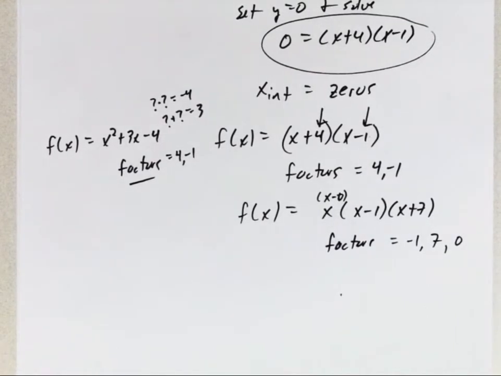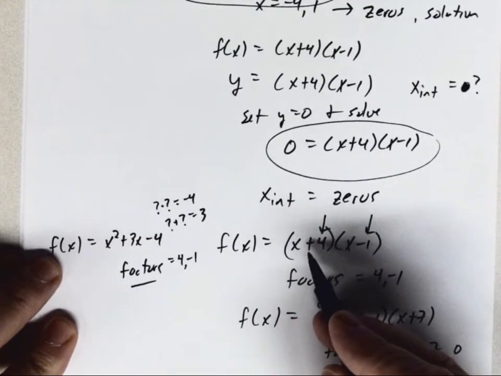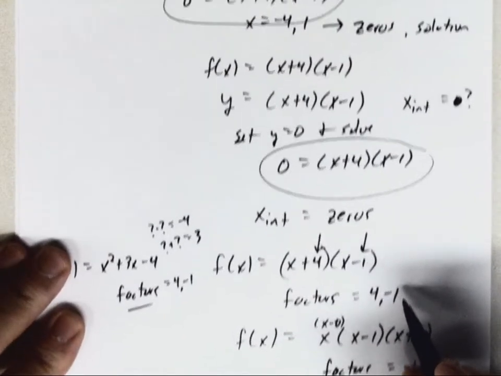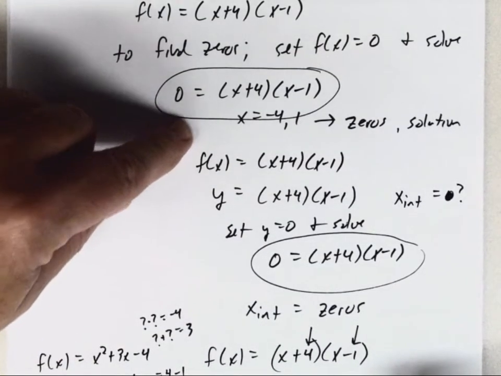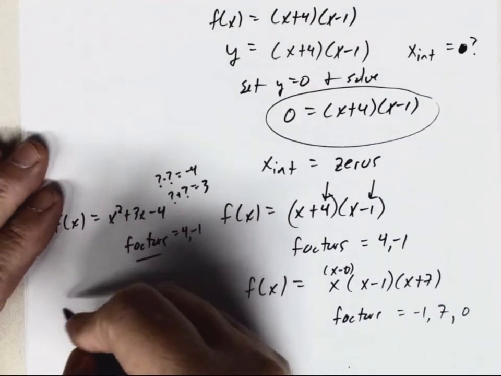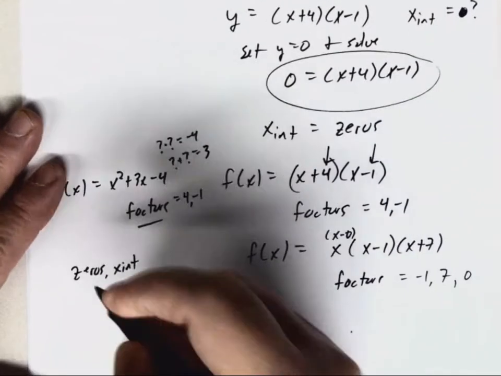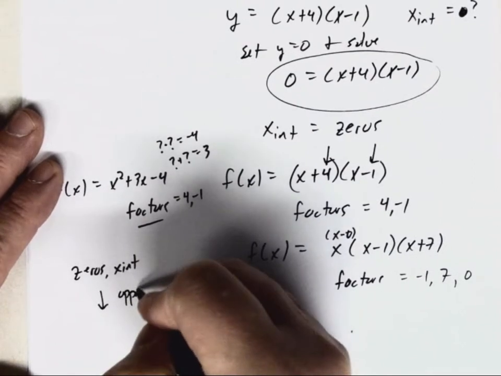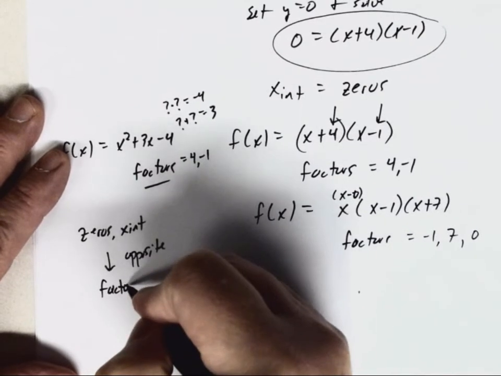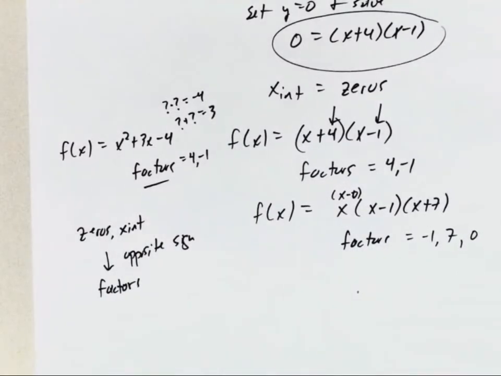Now you notice for this equation, the first one I started with, I found my factors to be 4 and -1. What did I find my zeros and x-intercepts to be? -4 and 1. What happens is, if you take the opposite sign of the zeros and x-intercepts, you get the factors.